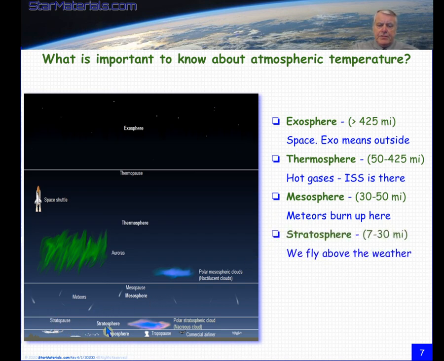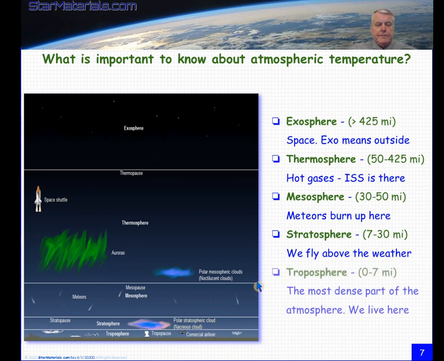Then we get down to the stratosphere, and you can see how the layers are getting smaller because most of the air is down in this tiny layer at ground level. So the stratosphere is where we fly in planes above the weather. And of course, the troposphere is the most dense part of the atmosphere where everybody lives.